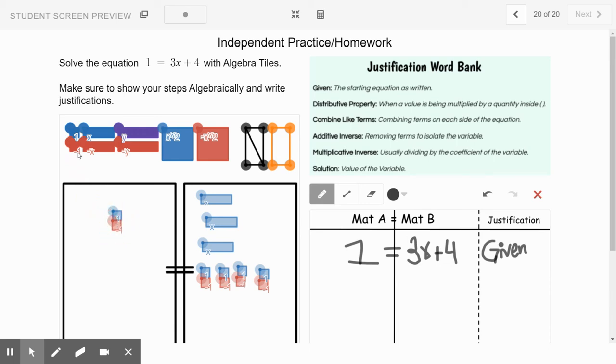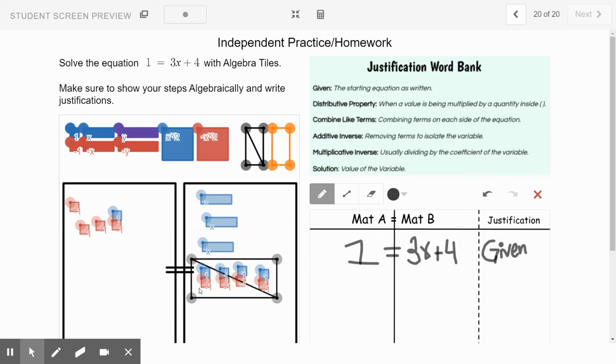So negative 1, negative 2, negative 3, and negative 4. I'll move it over here. Now I have made my 0 pairs. Let's move this. Look at that.